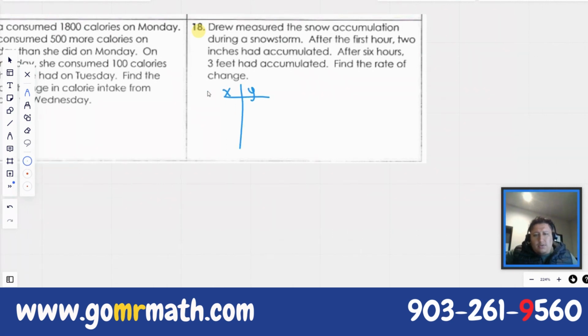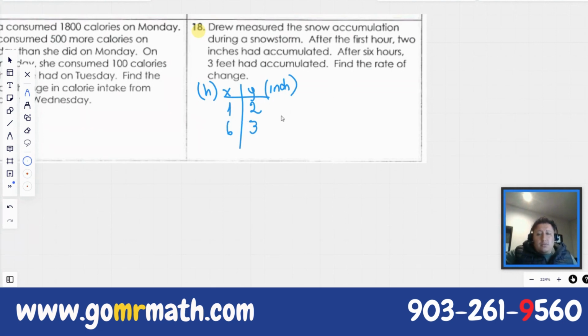So we're gonna call X our time in hours, and our Y will be our inches of snow. After the first hour, number one, we have 2 inches accumulated. And after 6 hours, we have 3 feet accumulated.